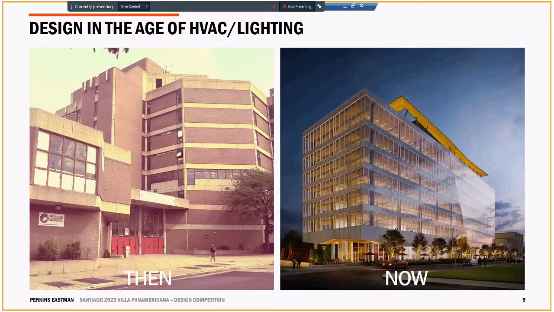Nowadays, we know better. We know that daylight and views are important to providing wellness, and connection to the outdoors is actually necessary. But we've kind of gone to the other extreme where we're totally encasing our building envelope in glass. And in actual fact, we're relying even more now on HVAC systems than we might have been in the past.